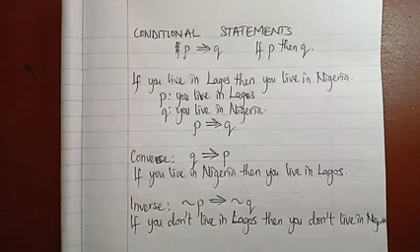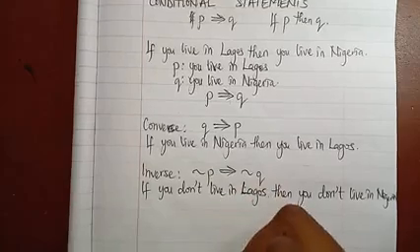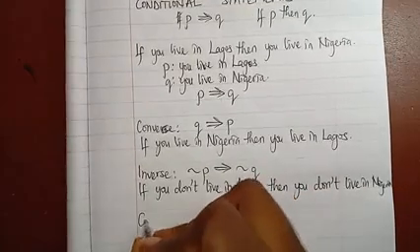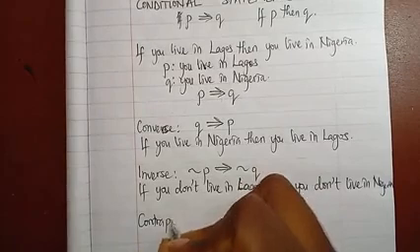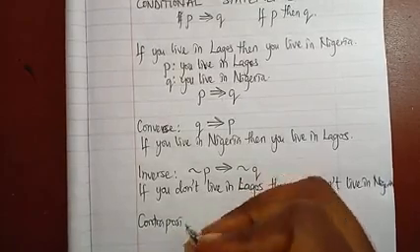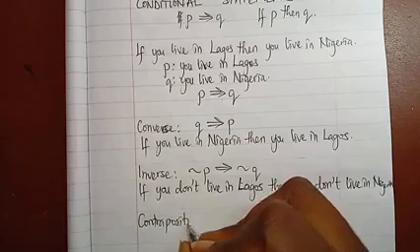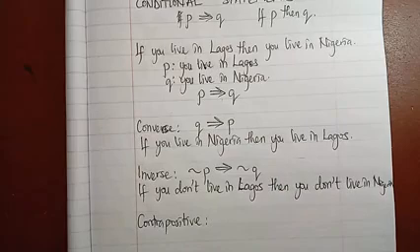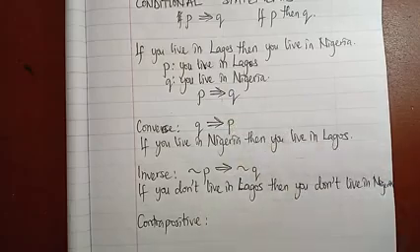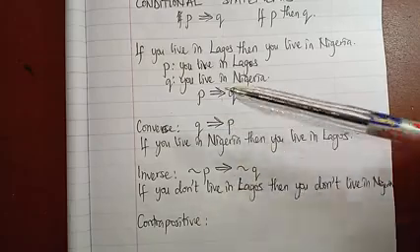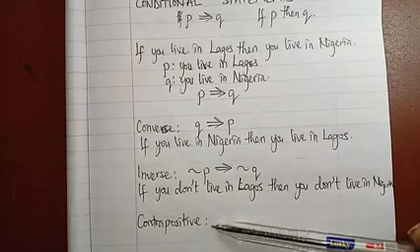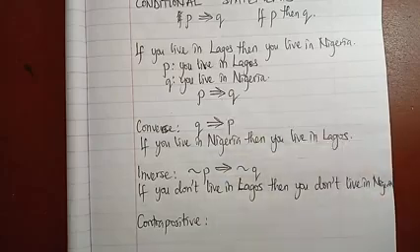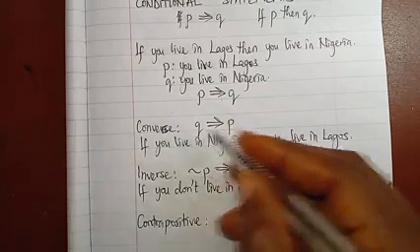Then the last part is for us to write the contrapositive. The contrapositive of a conditional statement in symbol form is just the negation of the converse statement. Inverse is the negation of the conditional statement. Contrapositive is the negation of the converse statement. So we look at the converse statement.